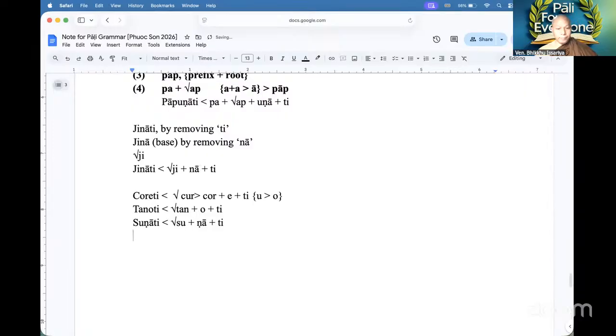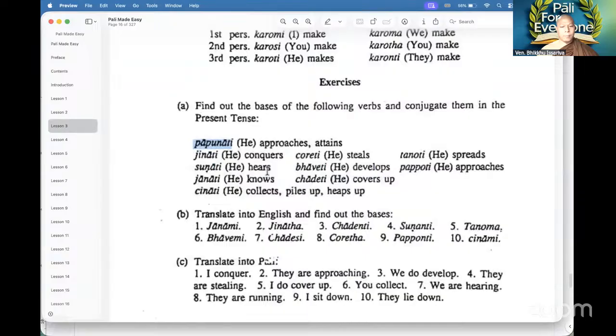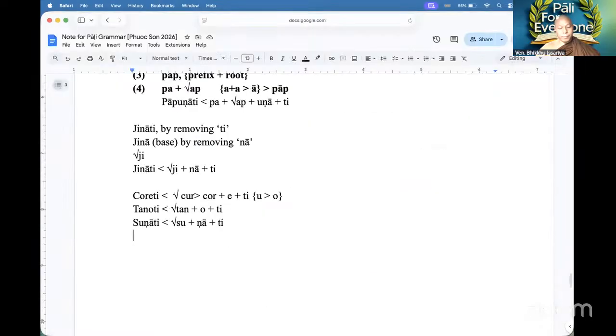And then next, so Bawedi. So Bawedi also, D and the E, and now, sorry, Bawa. So that Bawa also is coming from the root Bu.